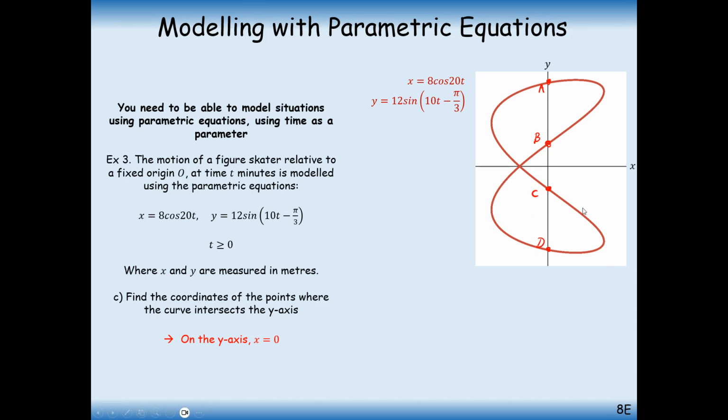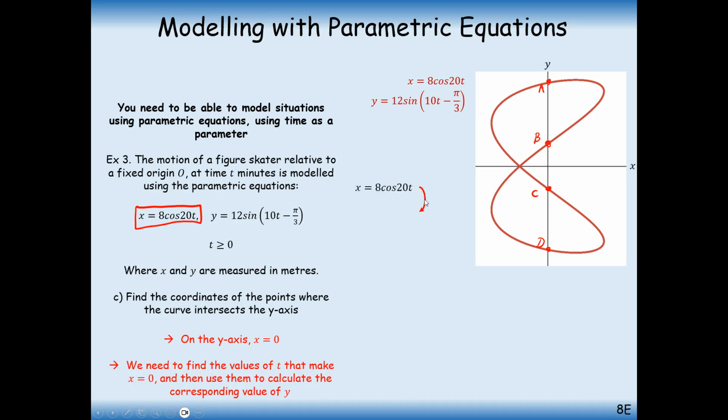We know that the x value is 0 on the y-axis, so we take that for granted, and we are going to set this equation, the x value, equal to 0, and solve it. So dividing 0 by 8 will leave it as 0, and then cos 20t will be 0. Now taking cos inverse of 20t, we are ignoring the negative answers. We are going to take the positive answers, and we'll have pi over 2.